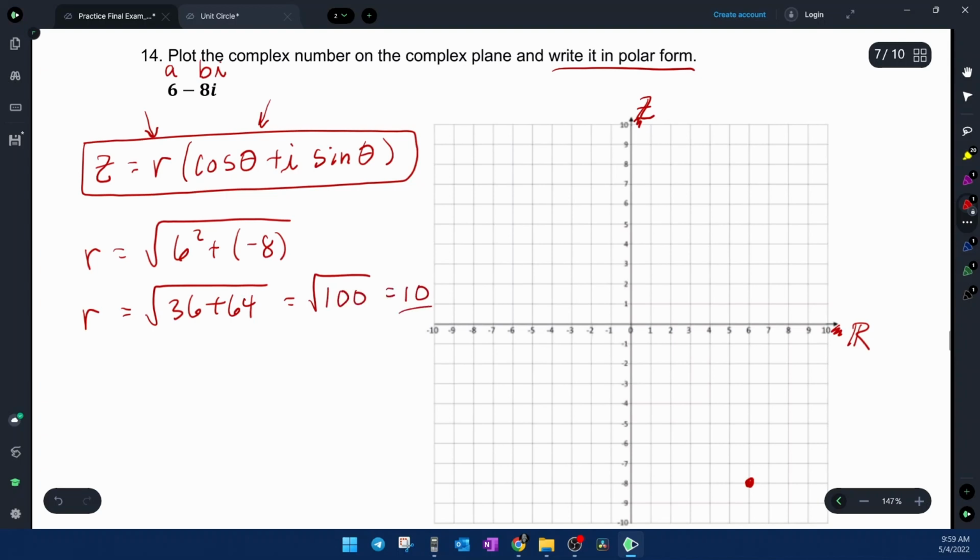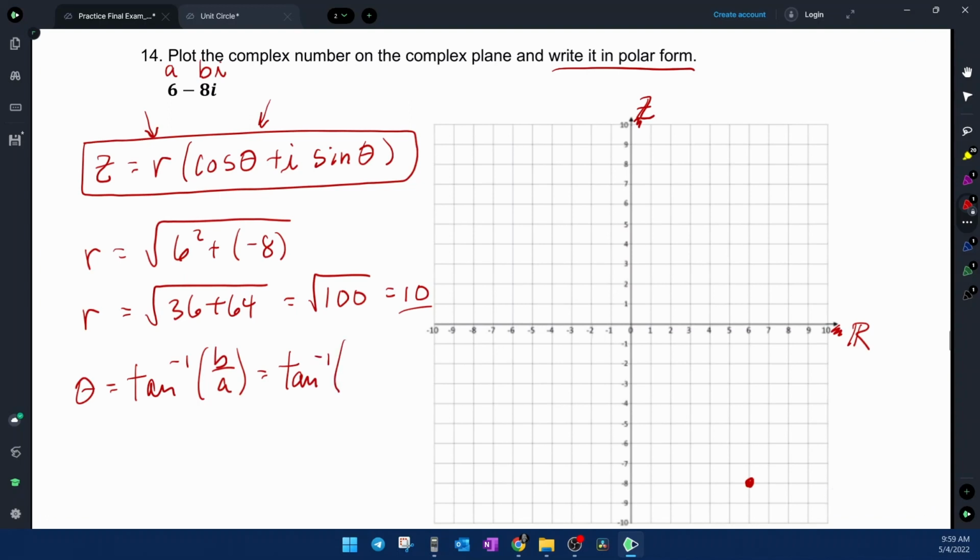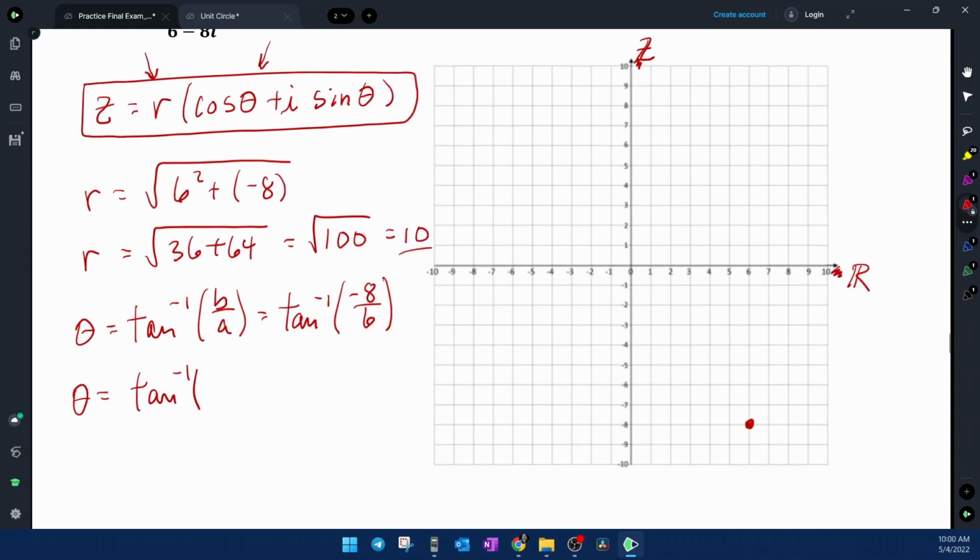And that is the value for r, and we need theta. That formula is inverse tangent of b over a, which would be inverse tangent of -8 over 6. If we reduce the fraction, 8/6 reduces to 4/3, although that is not necessary since we're going to go to the calculator anyway.